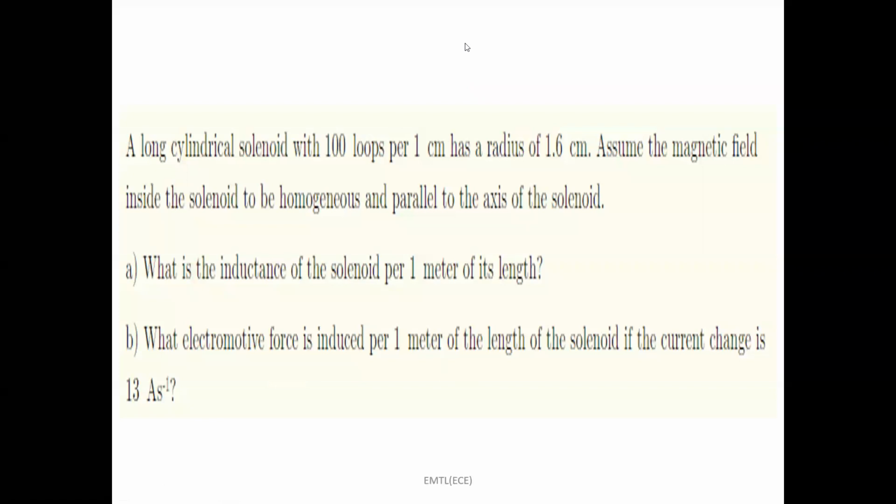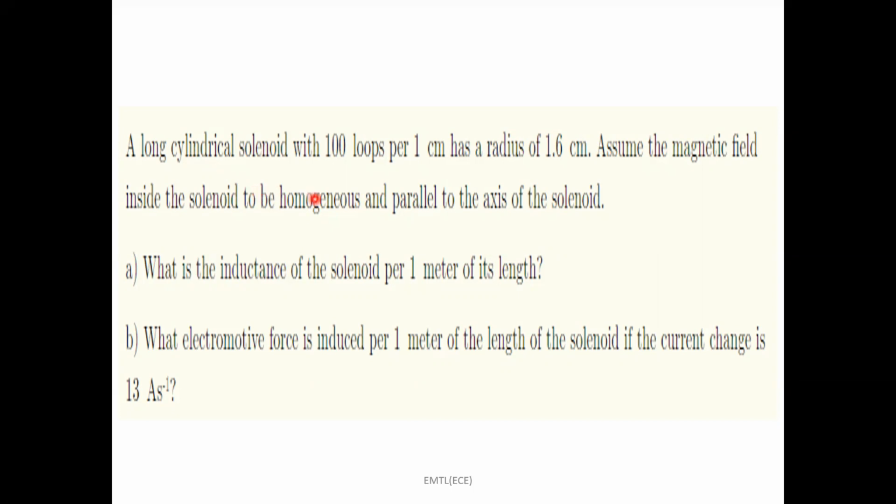In the last classes, we discussed what is meant by self-inductance, the self-inductance of a solenoid and toroid, and the coefficient of self-inductance, the important characteristics of self-inductance, and what is mutual inductance, and mutual inductance between a straight wire and a square plane.